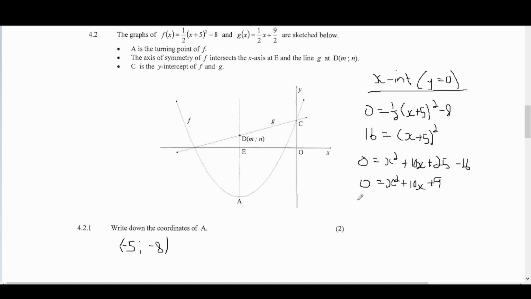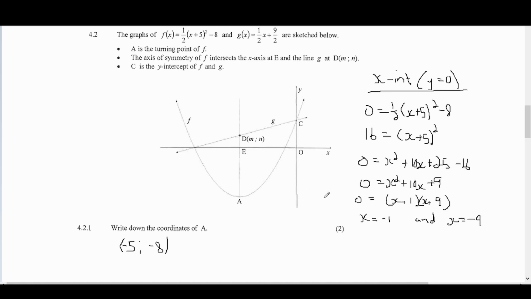So we then factorize. So this becomes (x )(x ). It's 9 and 1, all positive. So (x plus 9)(x plus 1), so x equals minus 1, and x equals minus 9.